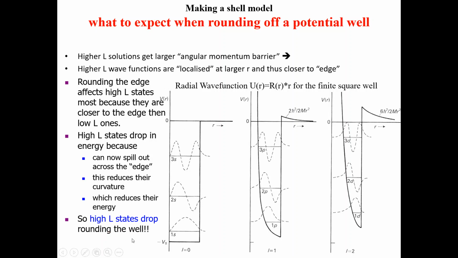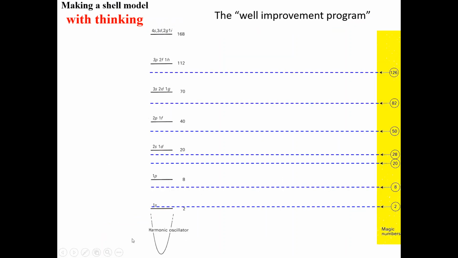So what do we actually need to do? Again, we're making a shell model with thinking. So we have to apply the well improvement. By applying the concept of simple harmonic oscillators, these are the magic numbers.